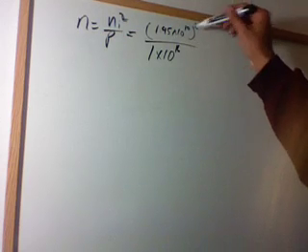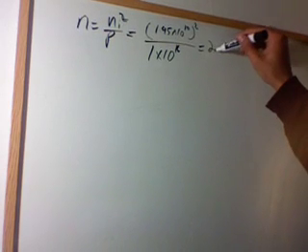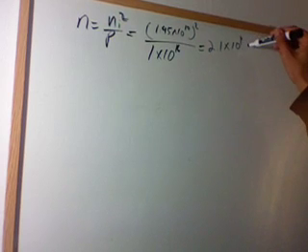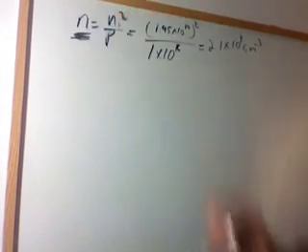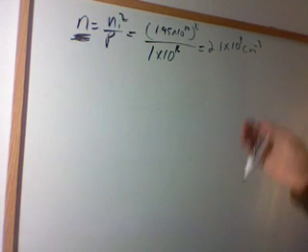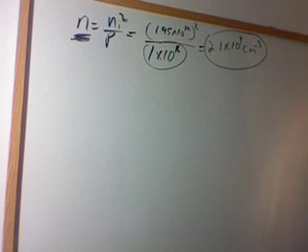Of course, that simply comes out to 2.1 times 10 to the 4 per centimeter cubed. That's how many mobile N-type carriers you have, and of course it's much less than your p-type because you're doping with p-type material, boron. It's an acceptor.